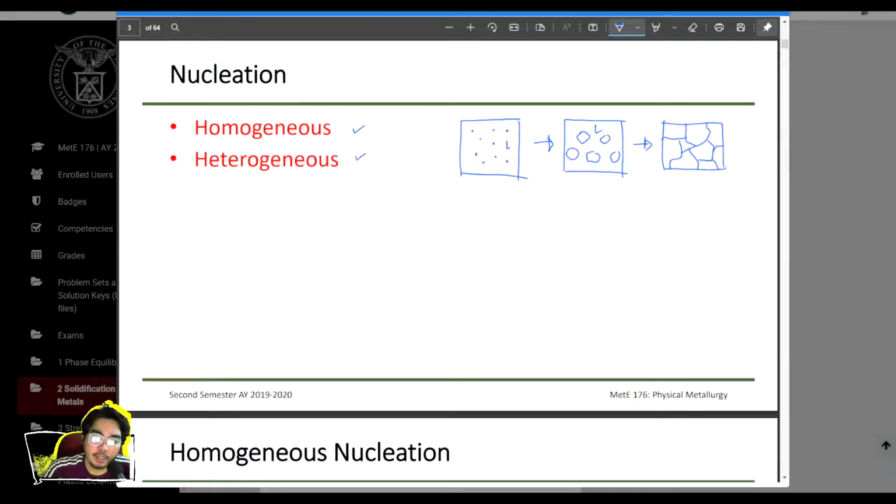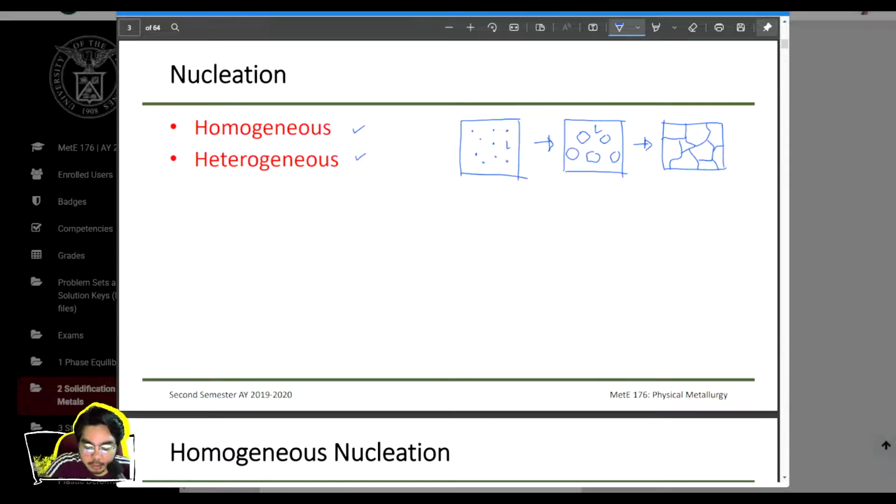So, familiar kayo sa homogeneous and heterogeneous nucleation, no? So if I were to ask you, alin yung tingin niyo mas mabilis dito? Homogeneous or heterogeneous? From your understanding of nucleation from MetE176. Drop an emoji na lang kasi baka nahihiya kayo.